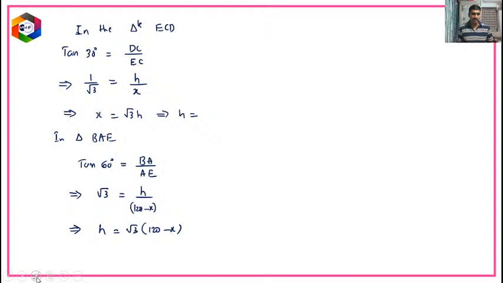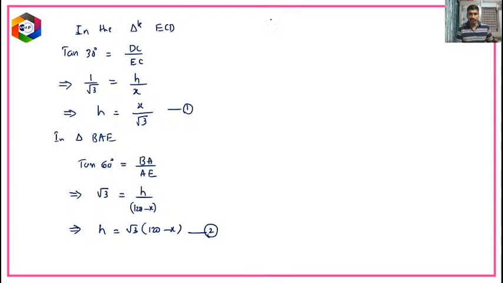Please observe here, children. Directly the h value I am taking here. What is the h value from this diagram? Upon cross multiplication, x will go this side, so h will be equal to x by root 3. This is 1. And here we got h is equal to root 3 into 120 minus x. This is the second equation. Now observe that this is the h value and this is also the h value.